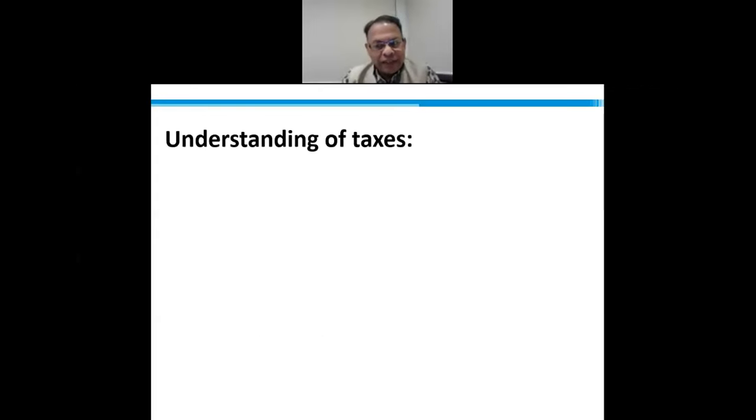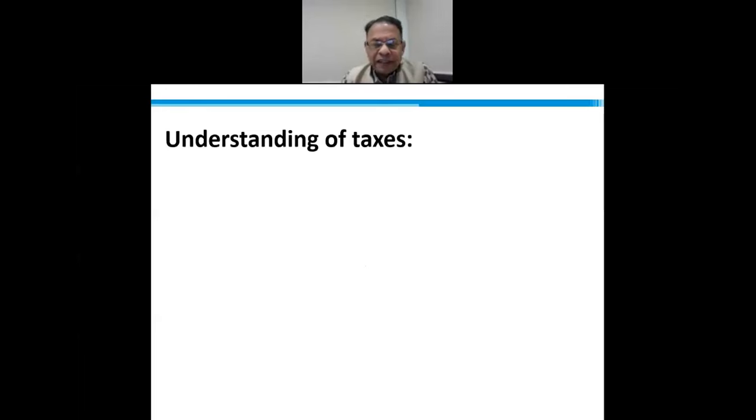Understanding of taxes. Why am I saying this? Please understand, when the original announcement was made about RoDTEP, since MEIS was withdrawn and RoDTEP was being introduced, a lot of people believed it is a scheme equivalent to incentives.